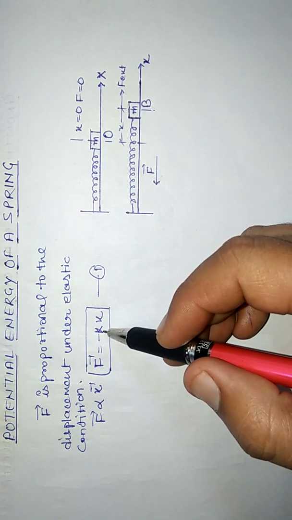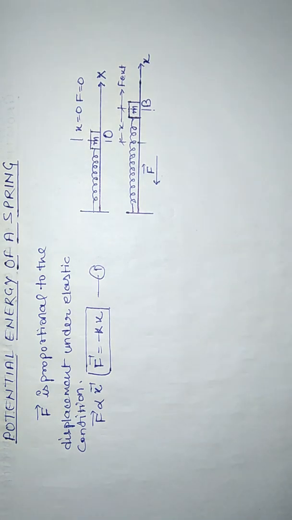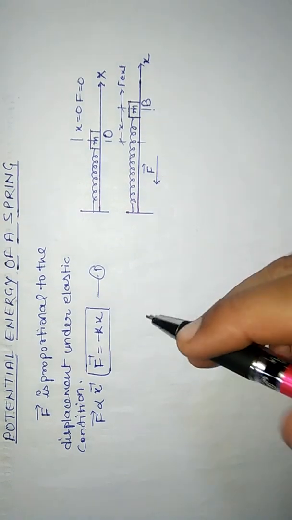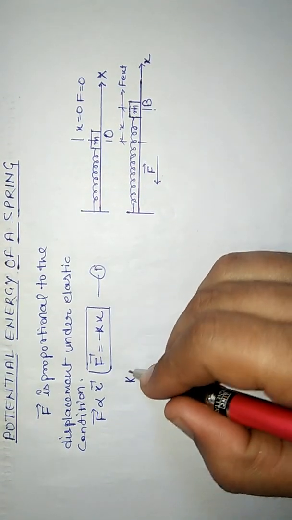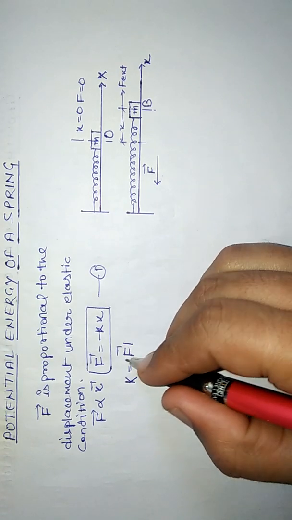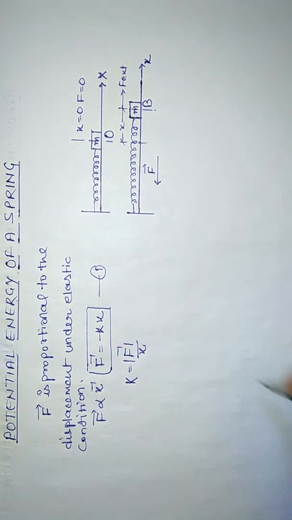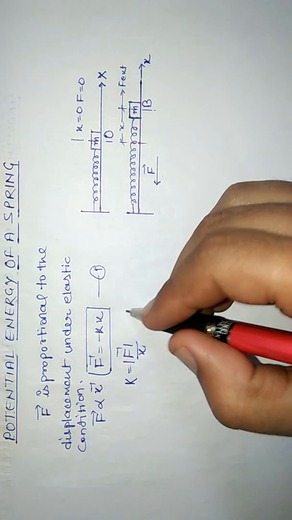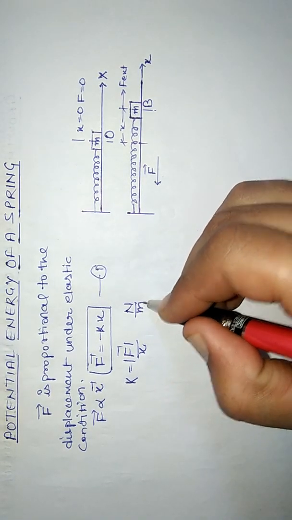This coefficient is known as the spring constant, and the spring constant can be defined as force per unit length. Its SI unit is Newton per meter.